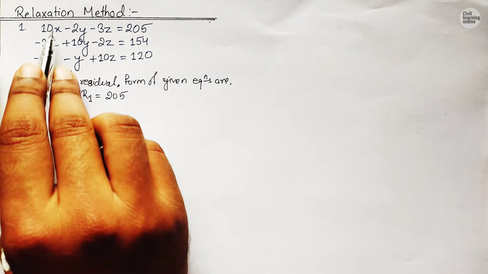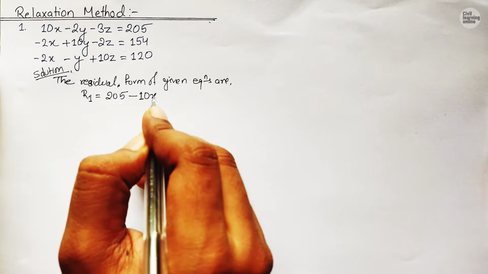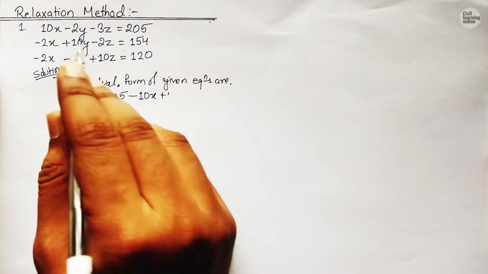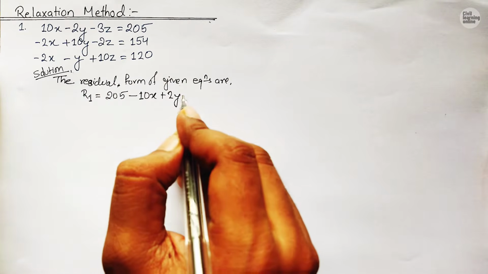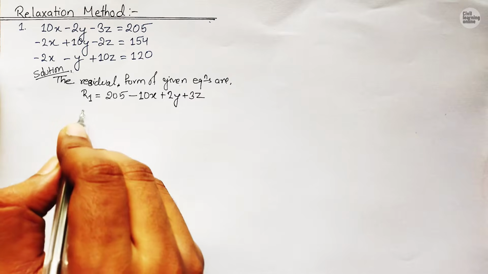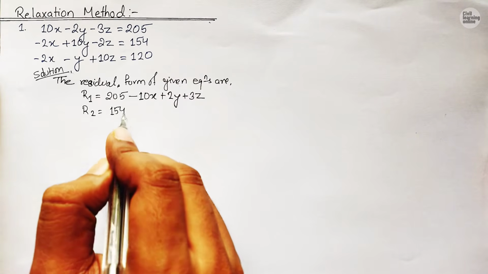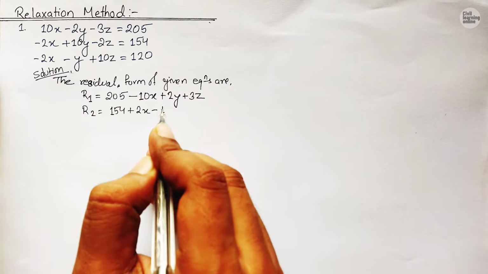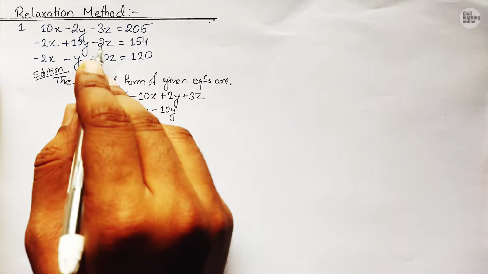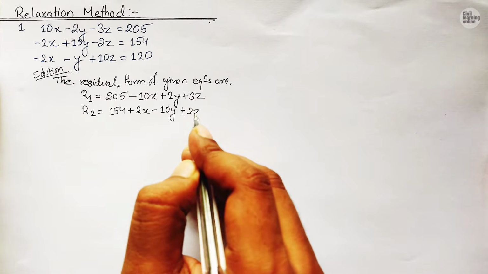So here this is plus 10x, so it will get minus 10x. Sorry, this is minus 2y, so plus 2y, and this is minus 3z means plus 3z. Similarly, for r2 we have 154, and minus 2x means plus 2x, minus 10y, and plus 2z means, sorry, minus 2z will get plus 2z.